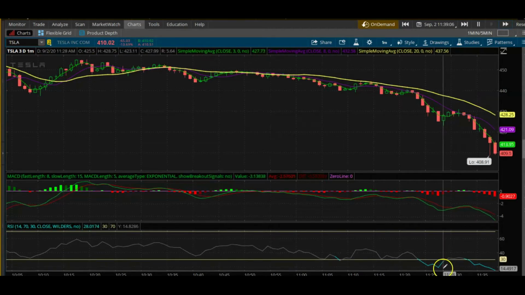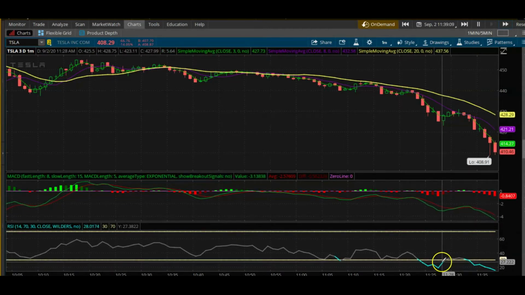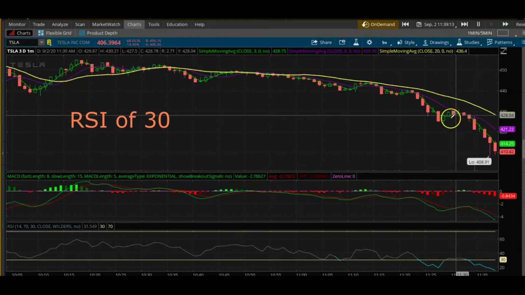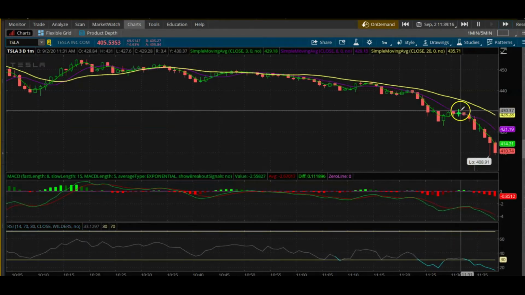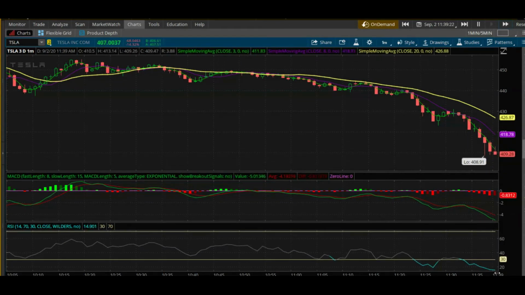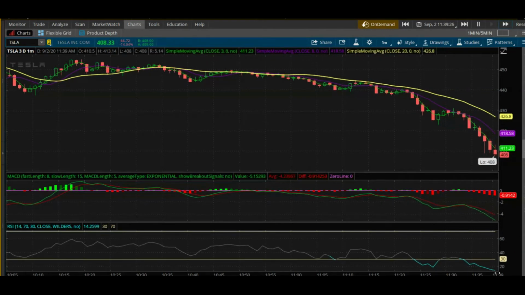So we'd call this a fake out. The RSI attempted to cross over the 30 line, but it was a failed attempt. Hopefully, with this second attempt here, we'll see some real price action in the upward direction.